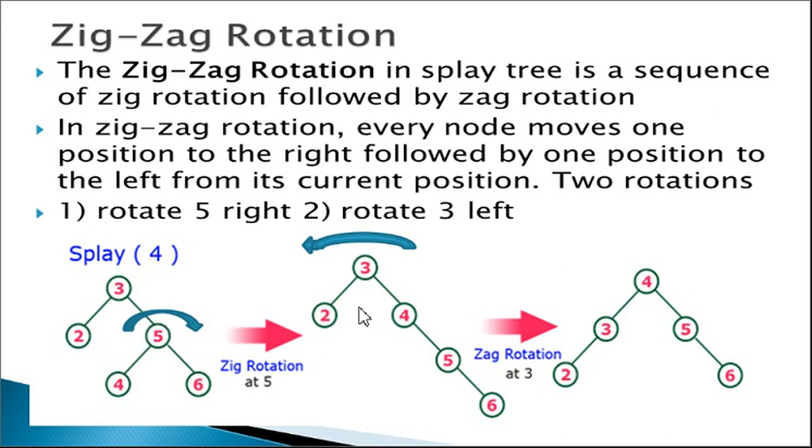After rotating right we will get this tree. Then afterwards we have to rotate the grandparent to the left. So 3 is rotated to the left. Now we will get 4 at the root position. So this is called zig-zag. So first that is right rotation and then left rotation. So that is zig means left and zag means right.